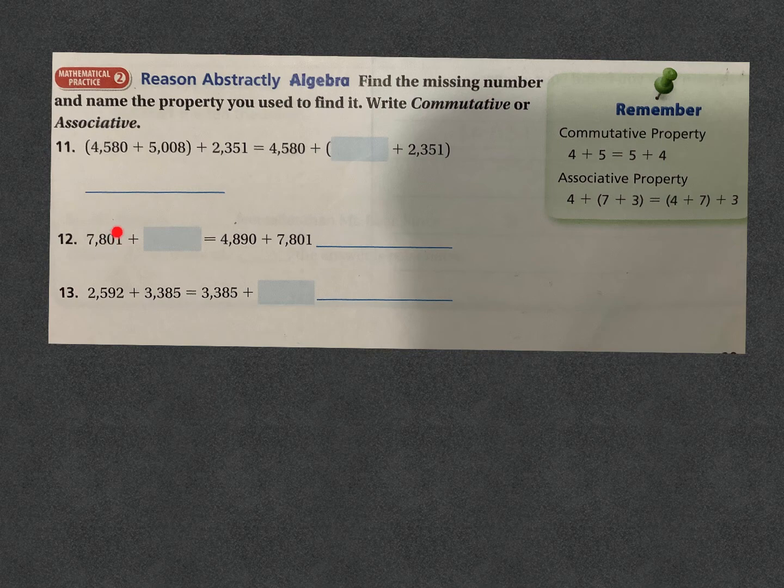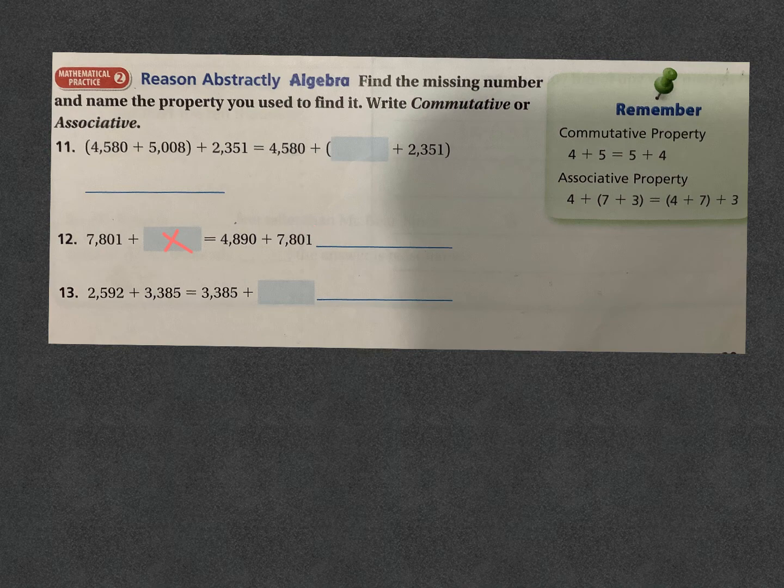So you see over here they have 7,801 plus some unknown number. For my people who want to get all algebra-y on me, when you get a little bit older, we just call unknown numbers x. So 7,801 plus some unknown number, we'll call it x, is equal to 4,890 plus 7,801.